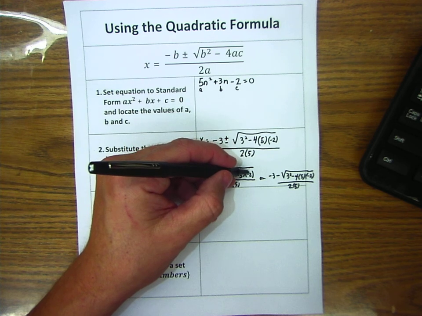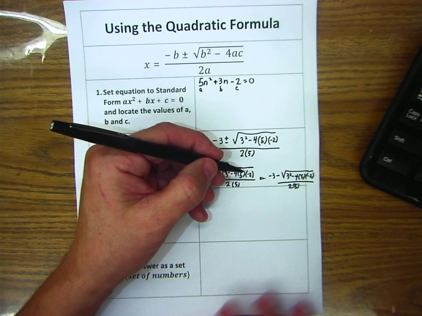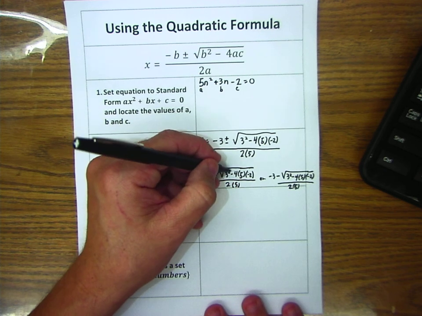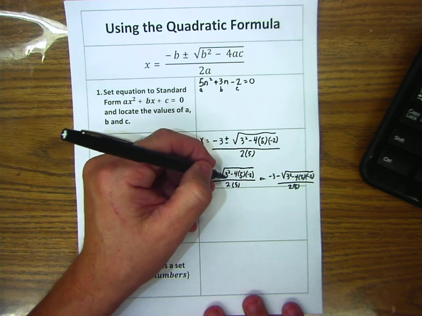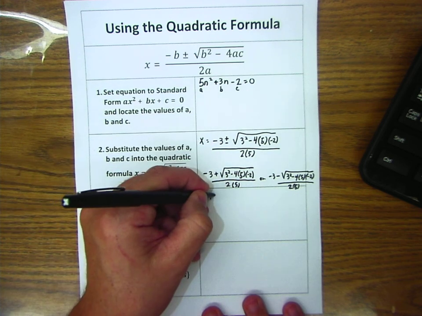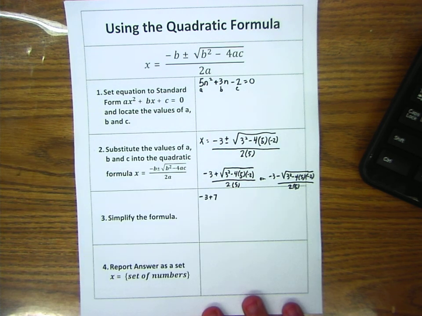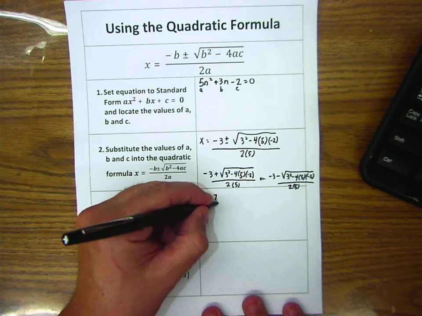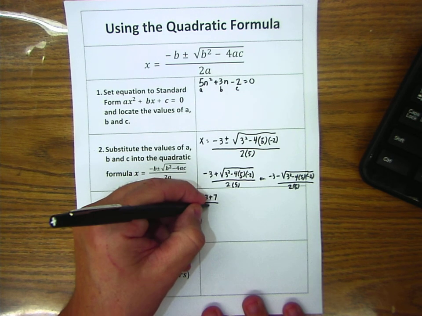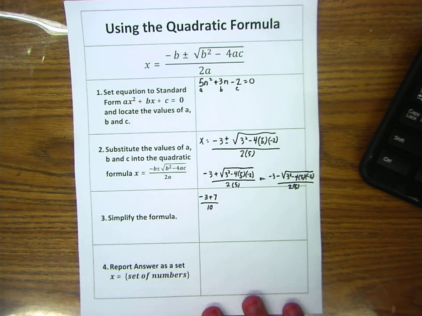Negative 20 times negative 2 is positive 40. So 9 plus 40 is 49, and the square root of 49 is 7. That simplifies relatively well. And then we're going to divide that by 2 times 5, which is 10.